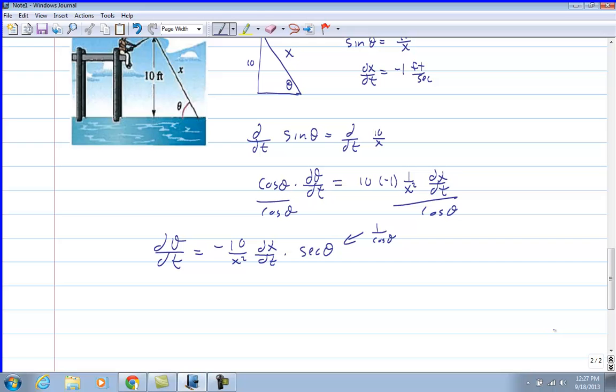We want to know when x is 25. So d theta dt is going to be negative 10 over 25 squared times negative 1, because our dx dt is negative 1, times secant theta.